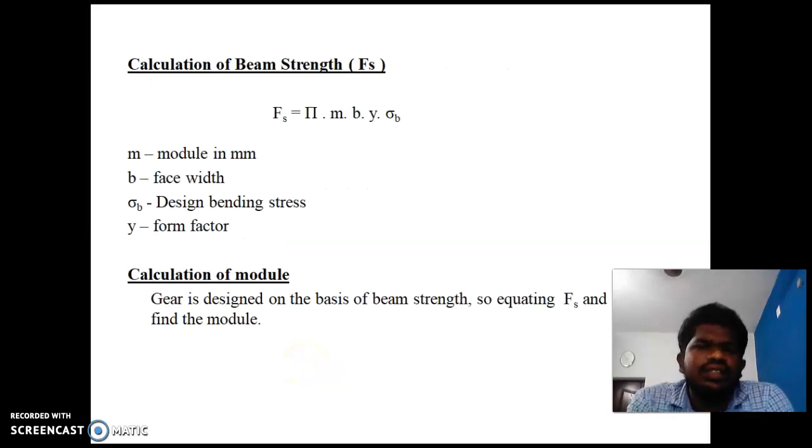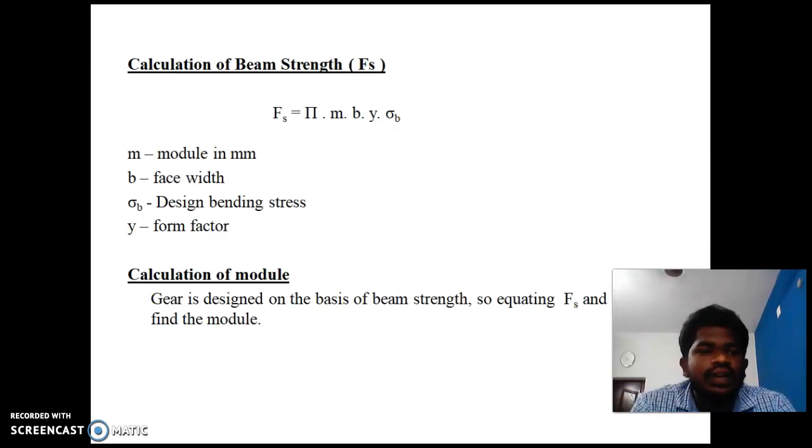Next, calculation of beam strength. Here the term beam comes. In gear theory, we consider each tooth as a cantilever beam. Each tooth carries the maximum load, so we assume teeth as cantilever beams.